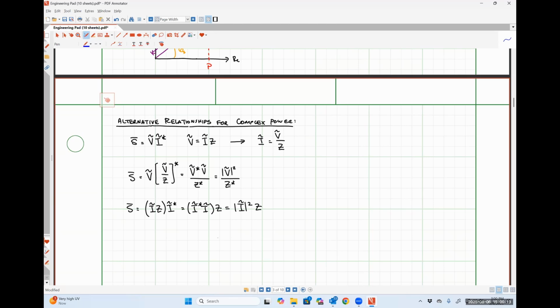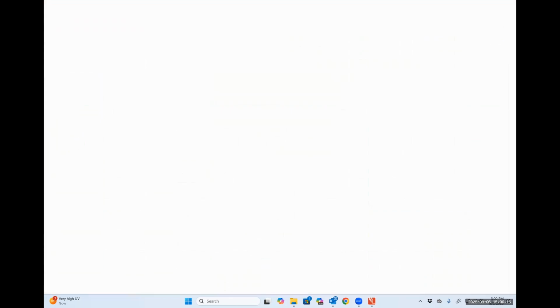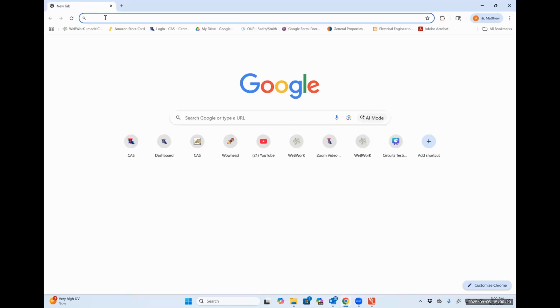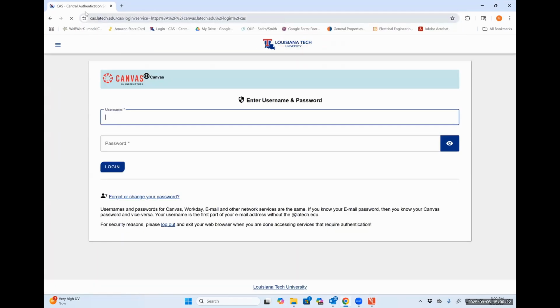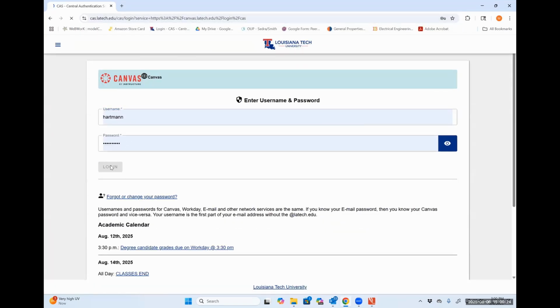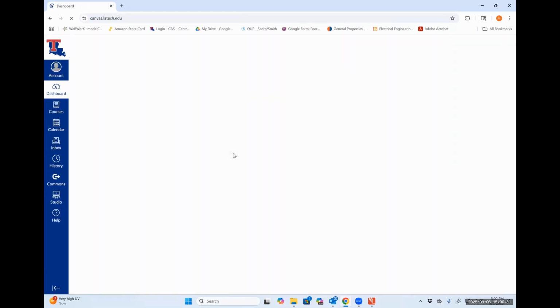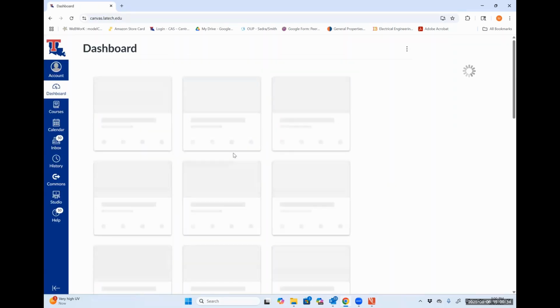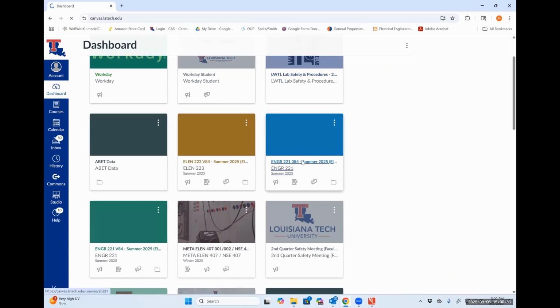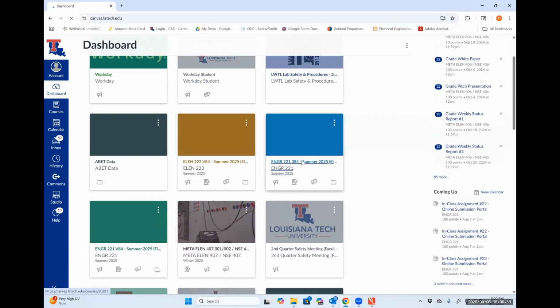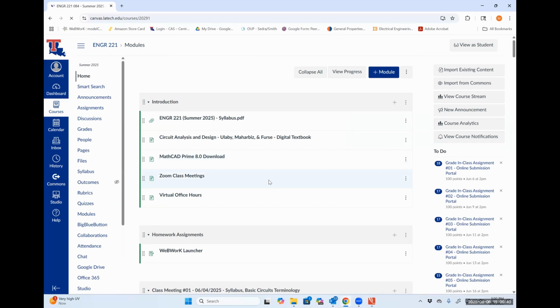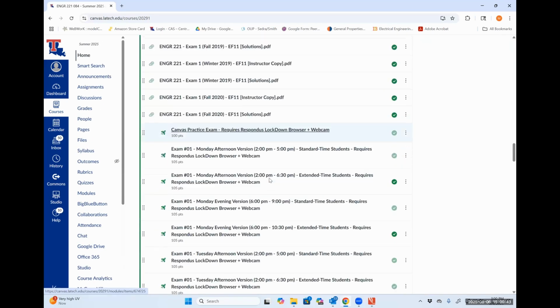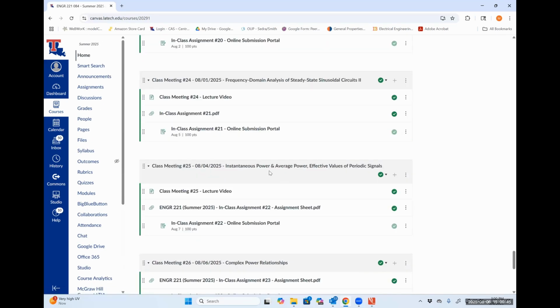Yes. So actually, let me pull it up on Canvas really quickly. All the way down to the bottom.